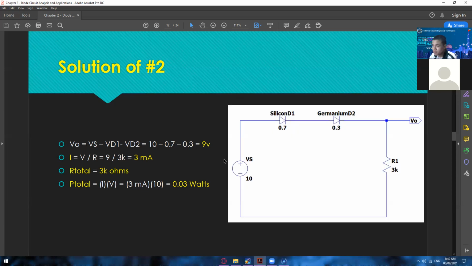So again, the rule in electronics is whichever is the highest voltage source, that is the one that will dominate the entire circuit. So in here, we have 10 volts, but the other two is just 1 volt in total. So just deduct that one, and then we have 9 volts that is flowing on the entire circuit.